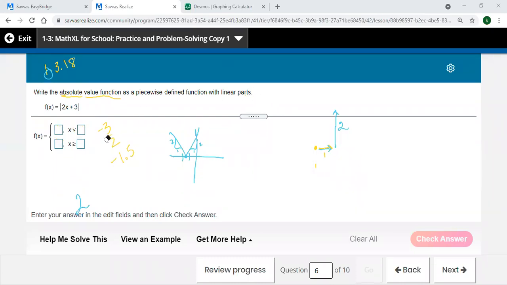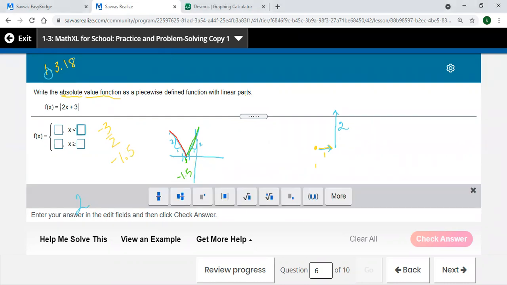All right. So when x is less than, where does this change direction? We have our 2 parts. One is this left arm, and one is this right arm. This point right here is negative 1.5.